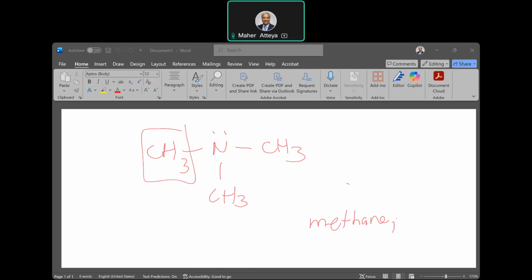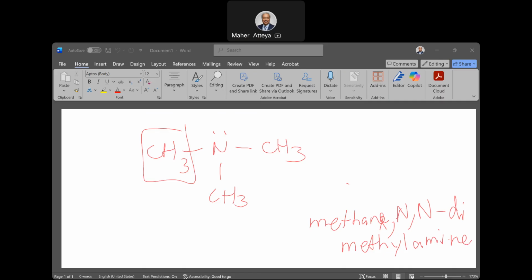And then you have two methyls on the nitrogen, NN. Without the E, methane becomes methan, so N,N-dimethylmethanamine. You have two methyls there. If you have three, the common name will be trimethylamine.